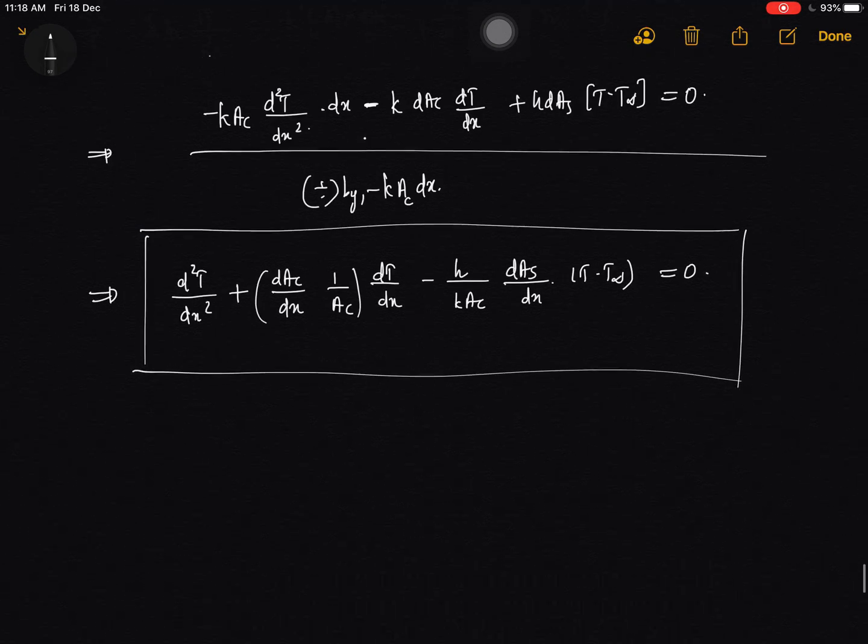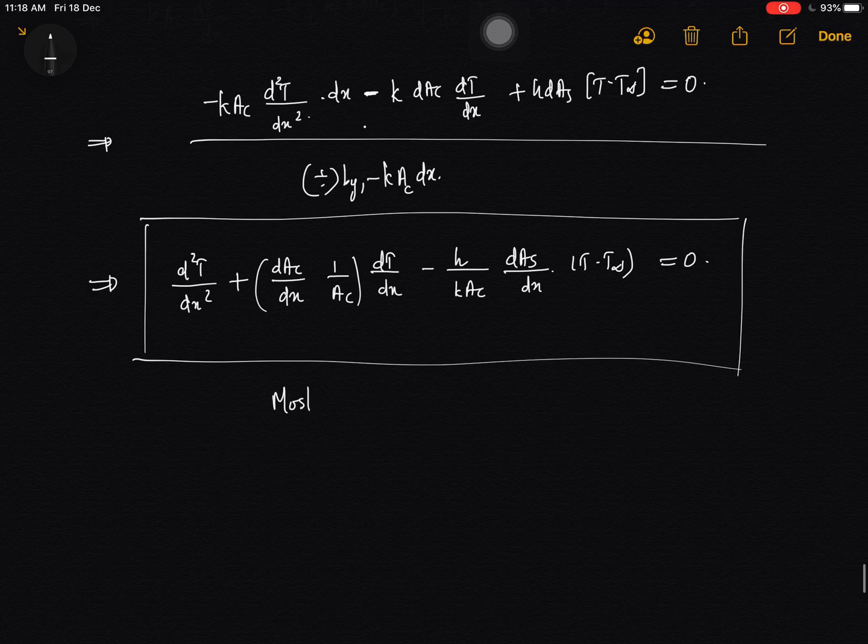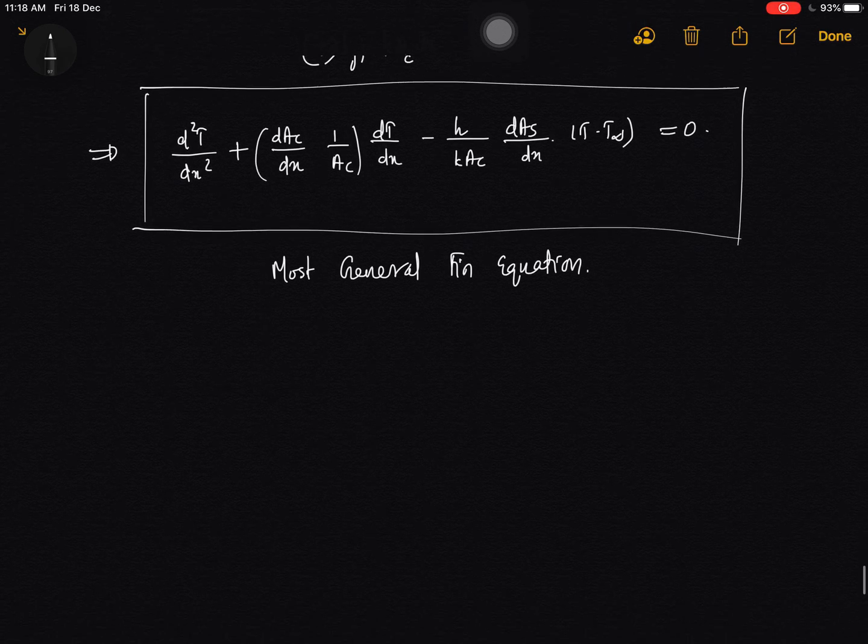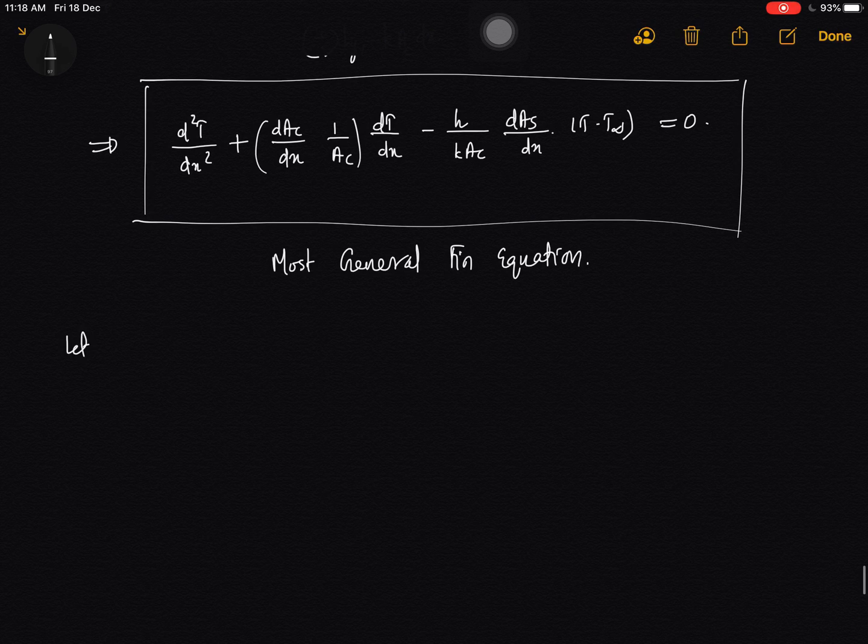This equation is the most general fin equation.